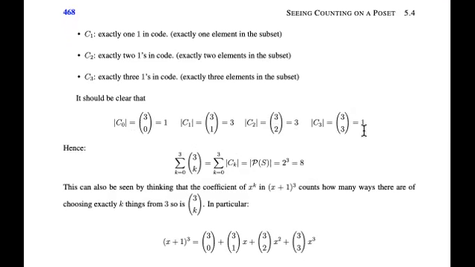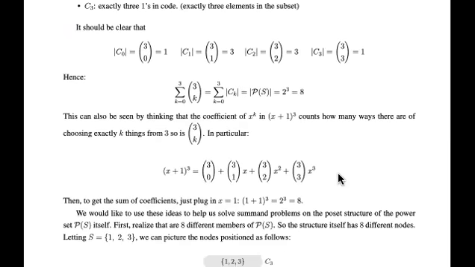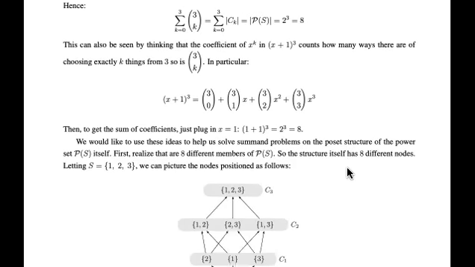So all subsets of S can be partitioned into these categories. So if you add up all these binomial coefficients, you'll end up getting 8, as expected.